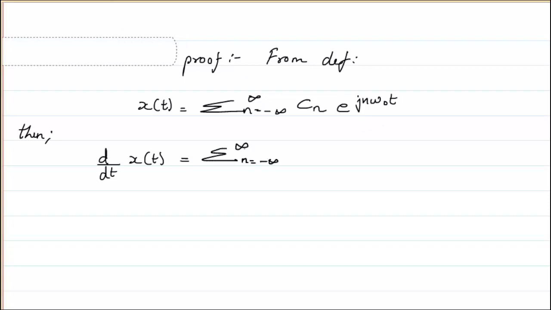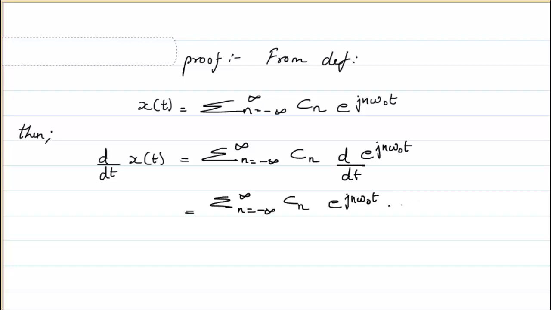So I will write summation n is equal to minus infinity to infinity Cn d by dt of e raised to power j n omega naught t, where if I differentiate it, differentiation of the exponential function is e raised to power j n omega naught t multiplied with j n omega naught. Clear? J n omega naught.